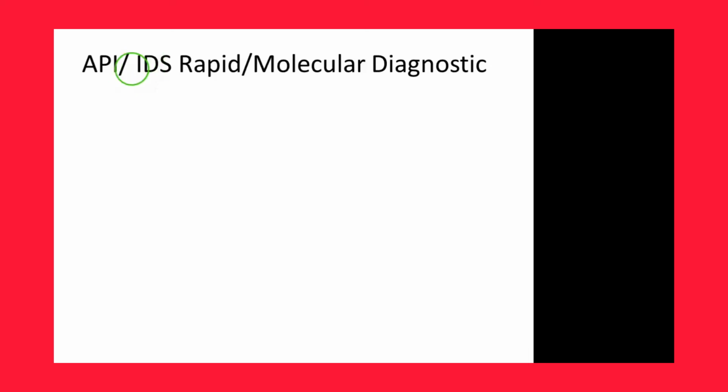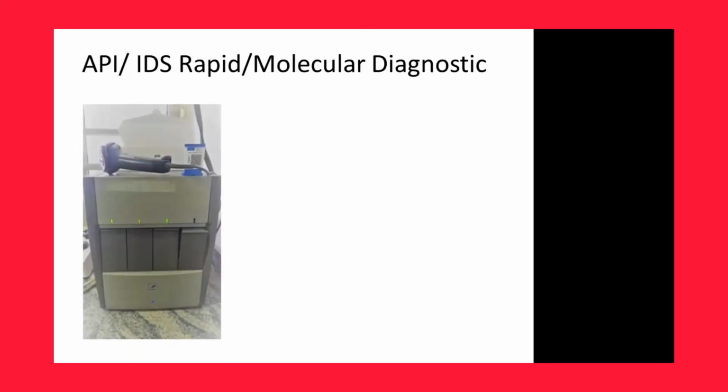But with these modern methods of API identification system, rapid system 2, or molecular diagnostics, these are faster ways of identifying. The fastest remains the PCR method, where you multiply the nucleic acid, amplification.